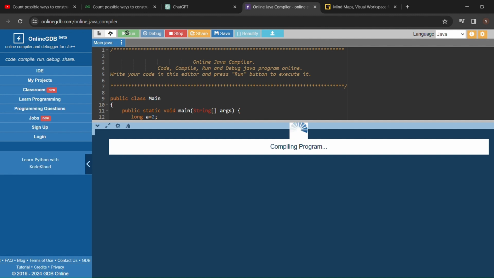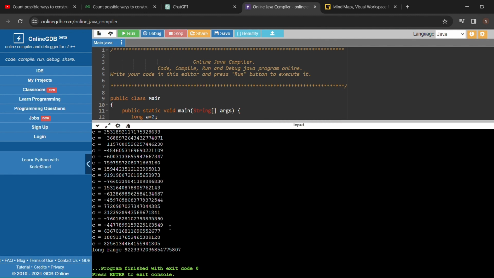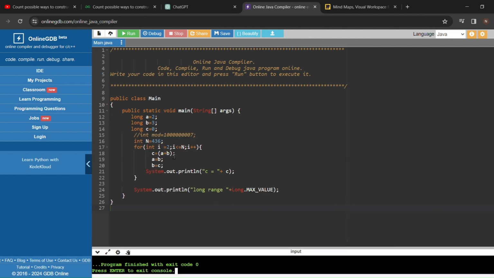So here we go. You can clearly see that mod is very useful for us, because here you are seeing -4477 and so on. This is a very large number, and the long range is 92, but here comes a minus. That's why we have to use mod. I hope you understood why I have used mod here.